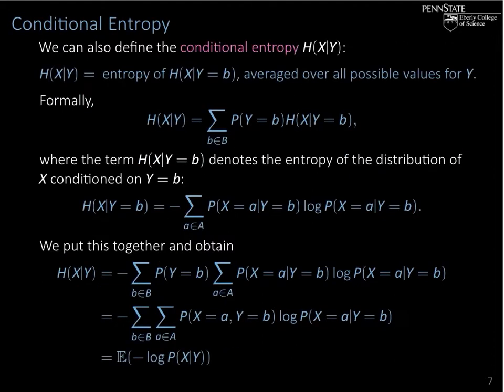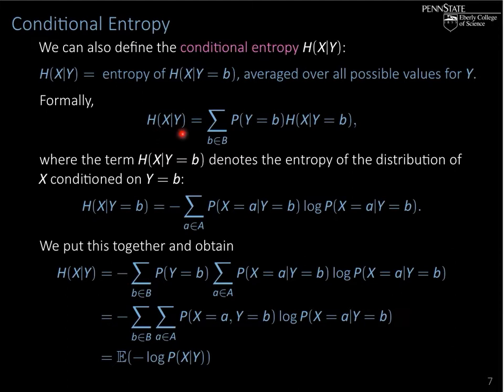We can also define the conditional entropy of a random variable, conditioned on another random variable. So H(X | Y) is the entropy of the random variable X, where we condition on Y being equal to b, and then average this over all possible values for Y. So what does this formally look like?